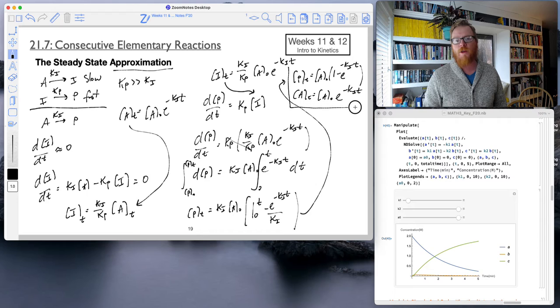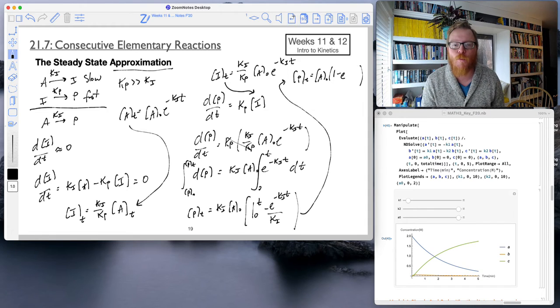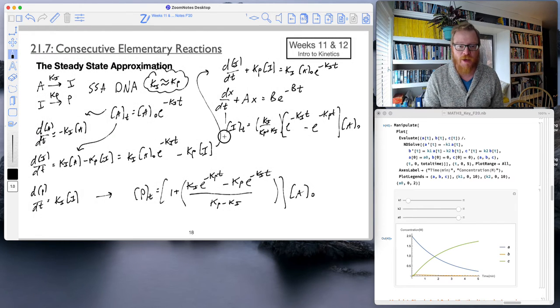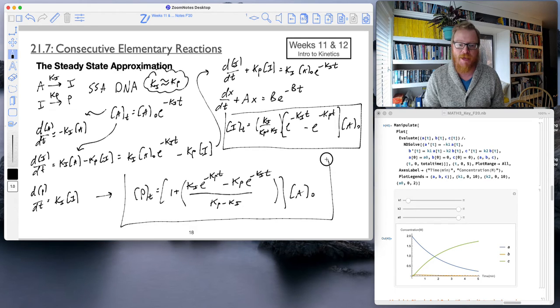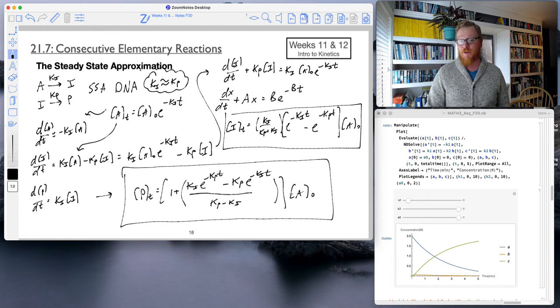And so now when we look at these final results, these are much more straightforward than what we got with these final results, right? This was my I at time t, and this was my P at time t. And you can see both of them are very similar in their functional form.